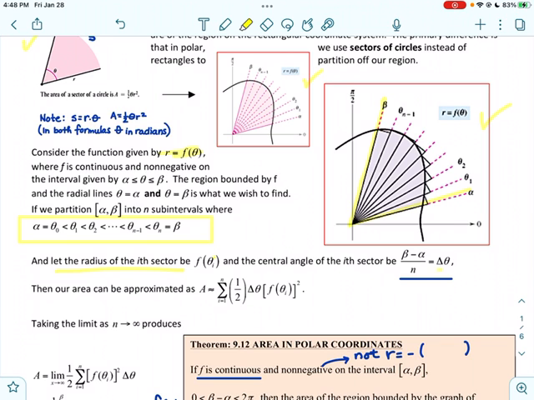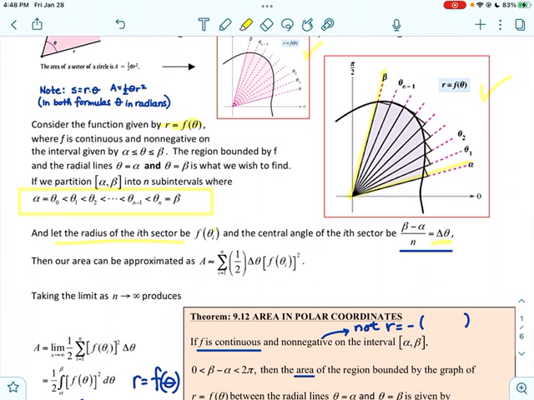That's going to equal our delta theta. So we can see our Riemann sum, not with rectangles, but with sectors here. You have the summation of 1/2 delta theta times r squared, where r is f of theta sub i, squared, and i is the counter from 1 to n, same as Riemann sums.